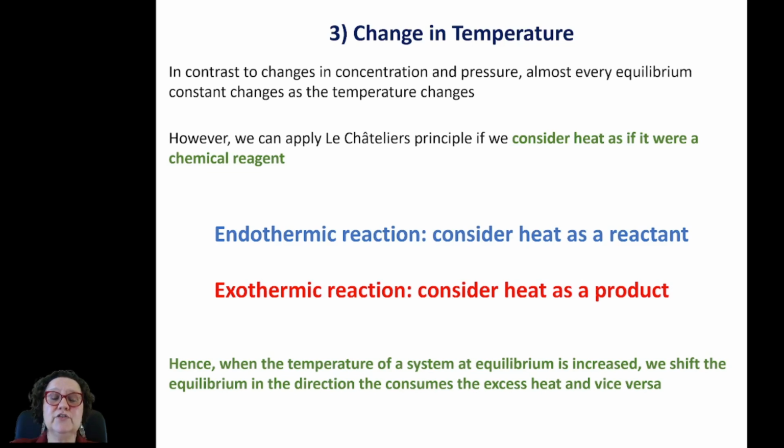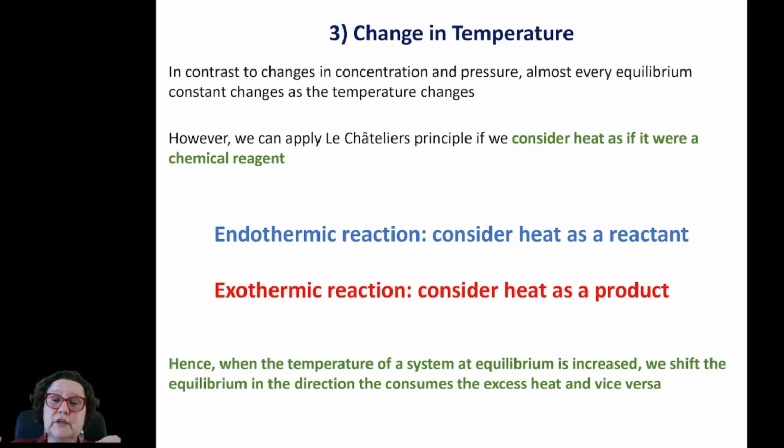An endothermic reaction is a reaction that absorbs heat, so heat is one of the reagents. You need the heat plus the reactants to make the products. In an exothermic reaction, heat is a product. You produce the products plus a certain amount of heat.